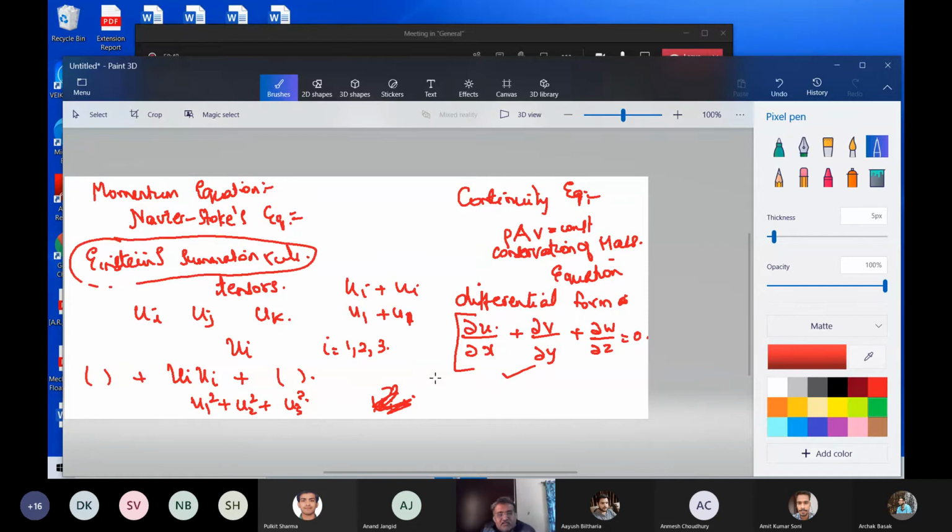So one interesting thing you will see is this equation, known as the continuity equation.